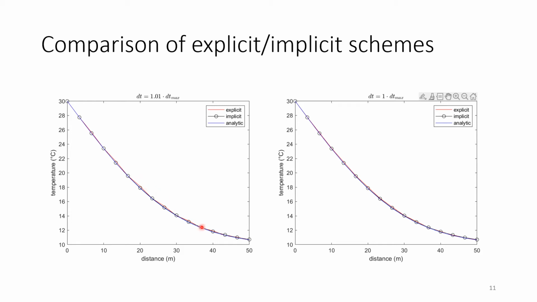It still might look quite good, but it might mean that if you run it even further, those divergences you can already observe will grow over time. This solution over here, well, it's not exactly dt max, it's a bit smaller than dt max, is stable, and therefore the error will not grow anymore, right? So don't get fooled by that. This one already looks quite good. Because it's unstable, the error will grow over time.